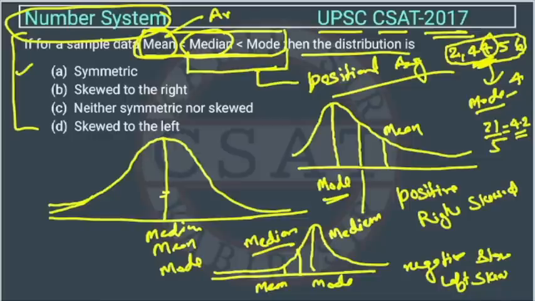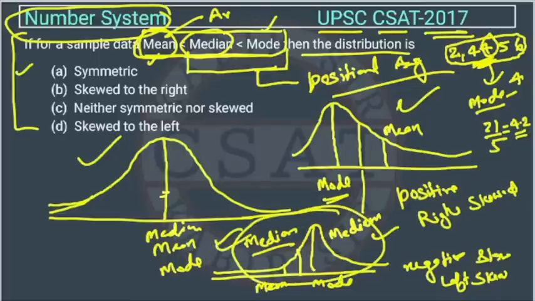Okay, so here he is saying the mode is greater than the median and the mean is less. It is given that mode is greater than median and median is greater than mean. If you look at all these distributions, in the third one, the mode is here, the median is in between, and the mean is here, right?